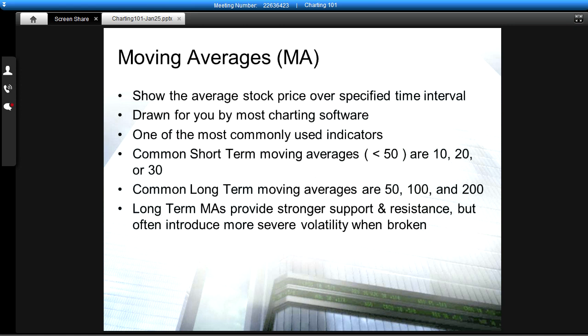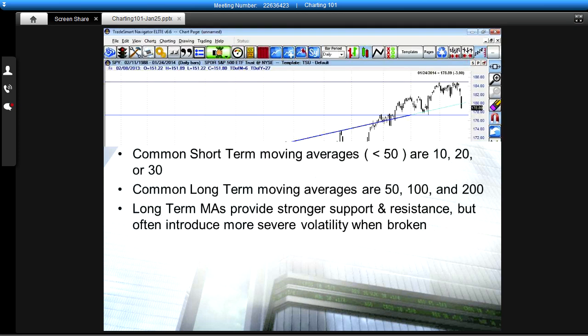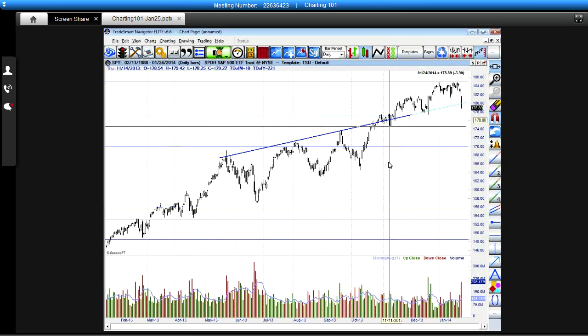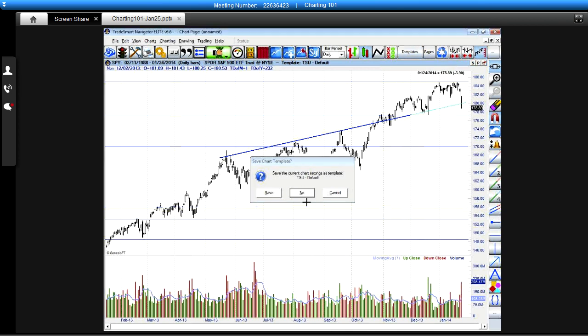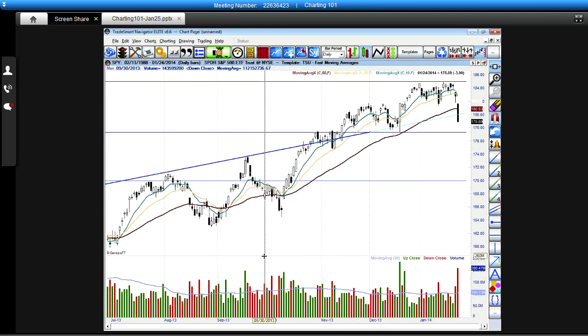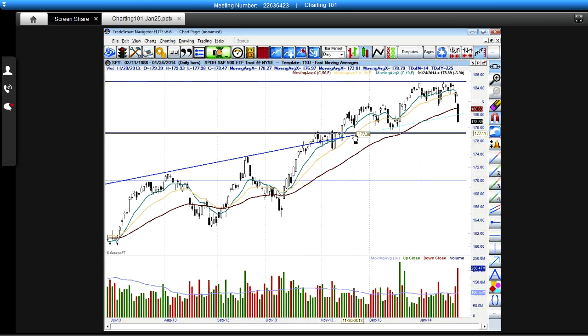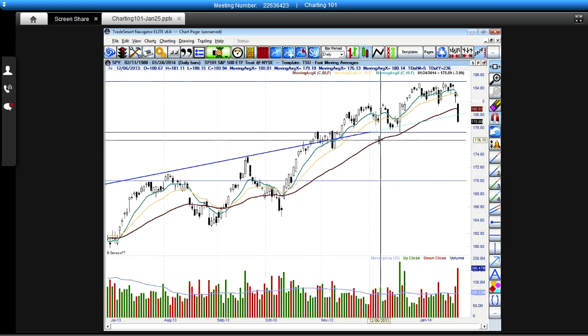So if we go back and look at the SPY here, we'll show some short-term moving averages first. So you can see I've got the 10, 20, and 50 simple moving average.